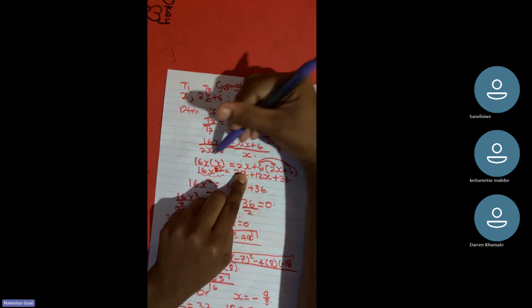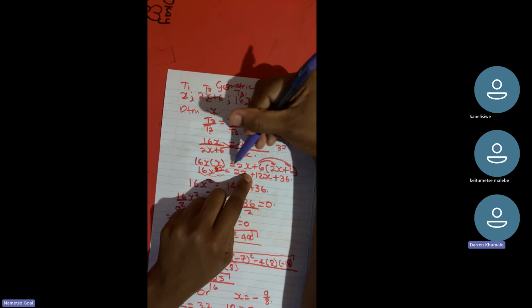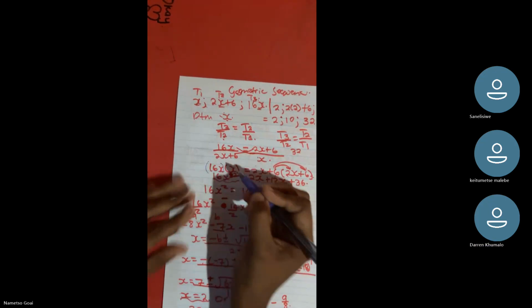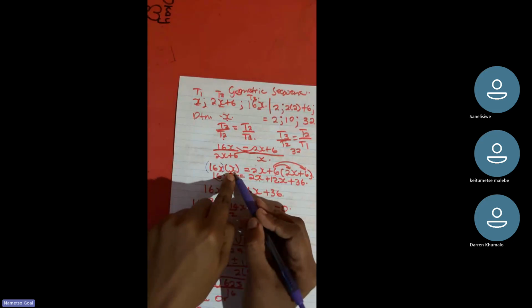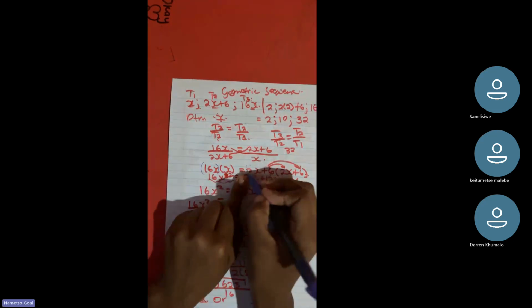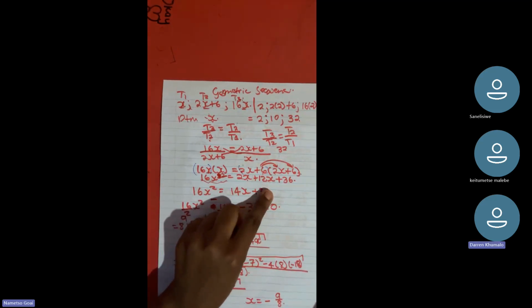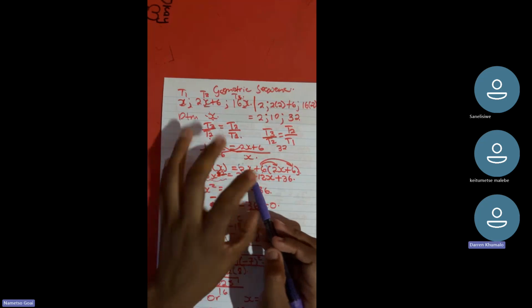Remember, we said we were cross multiplying. This part we did correctly, because we said 16x multiplied by x. Over here, we're supposed to also put brackets and not just multiply the 6 in. Do you guys see where we went wrong? We kept this 2x as an individual thing.